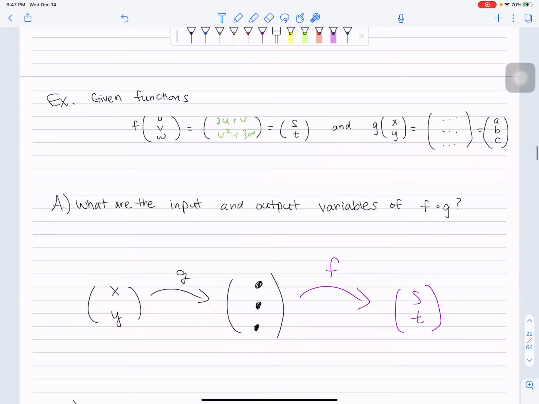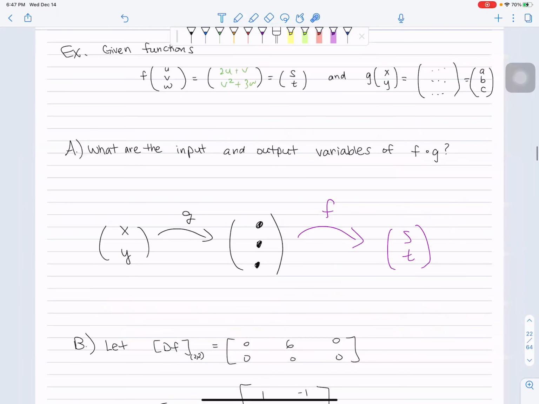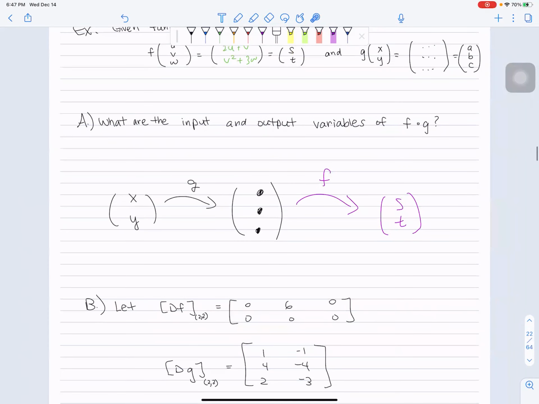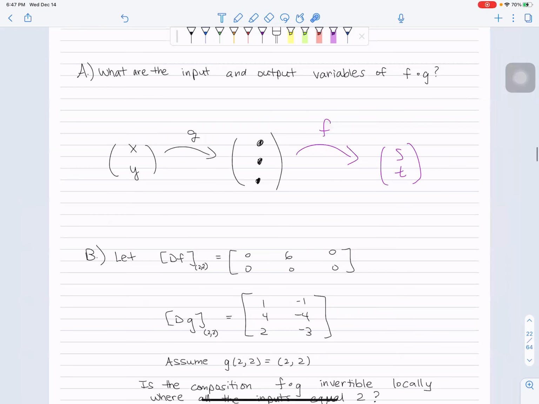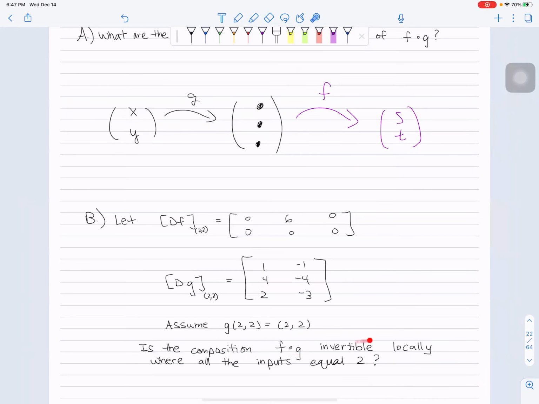Okay. What if we're given that df is this matrix and dg is this matrix. We want to see, is the composition f of g invertible locally where all inputs are equal to 2?